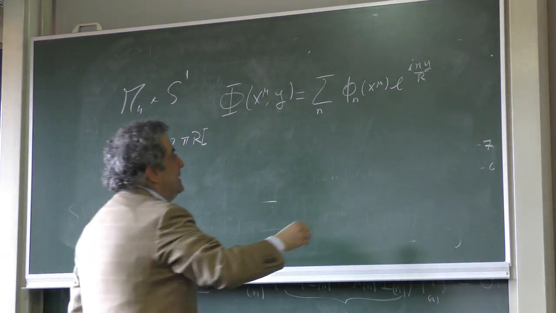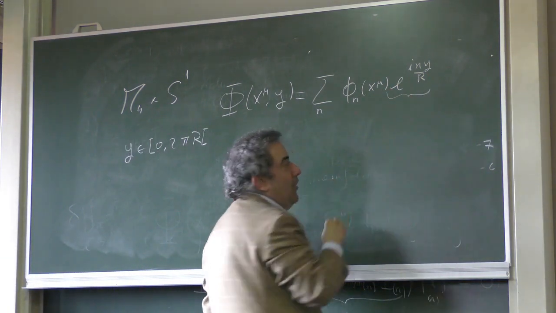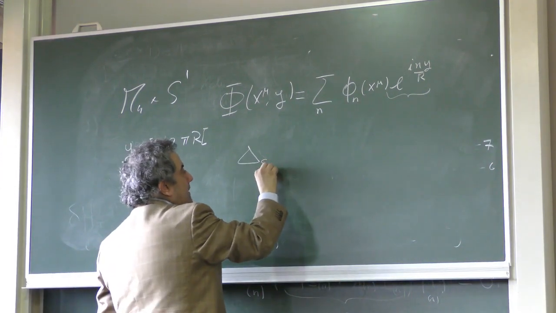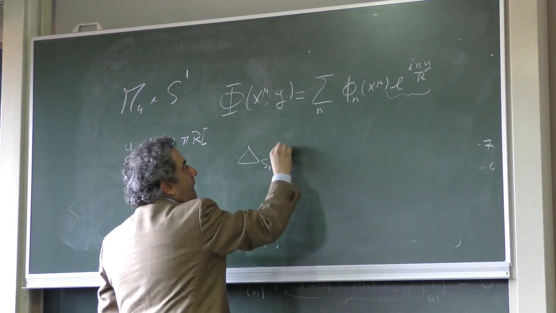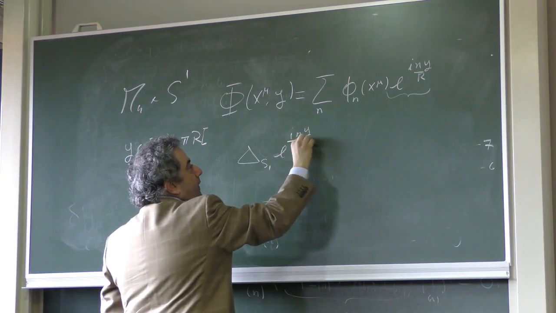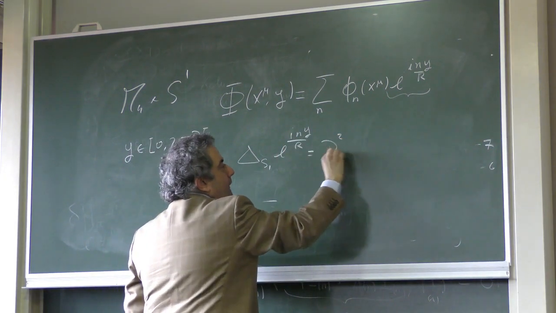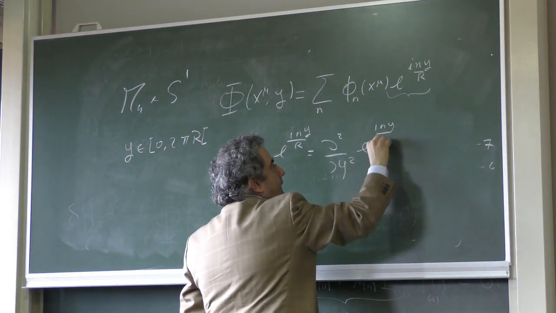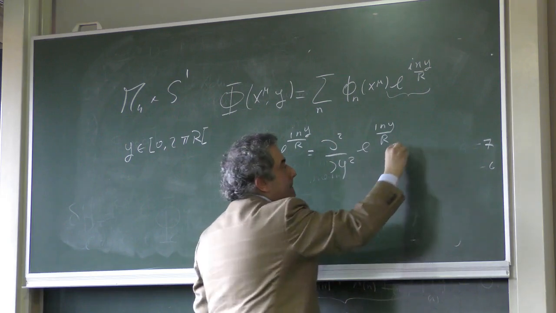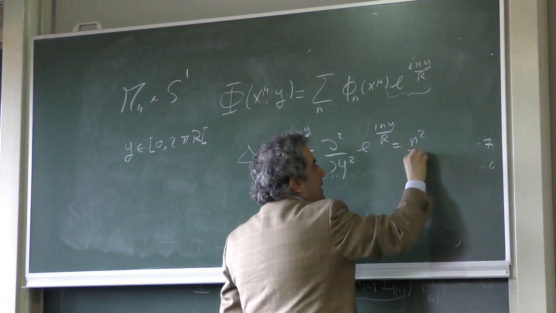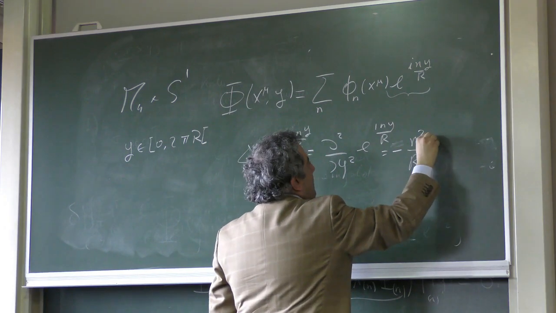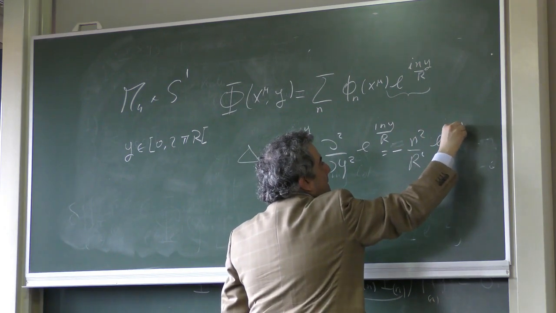You see that these are the harmonics on the internal space, because the Laplacian gives n squared over r squared with a minus sign, on e to the i n y over r.